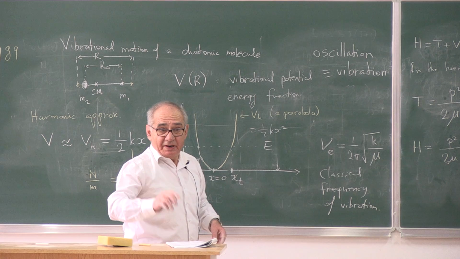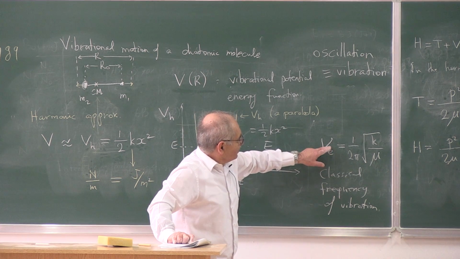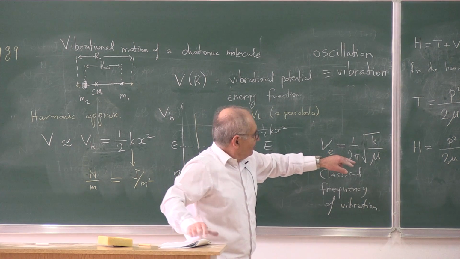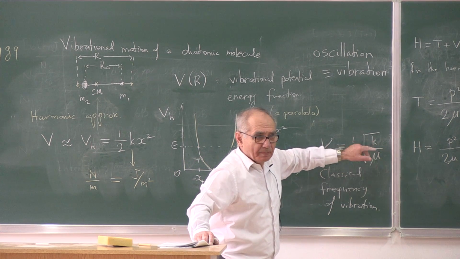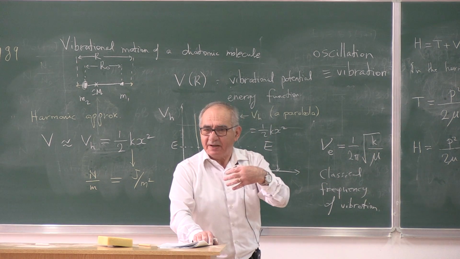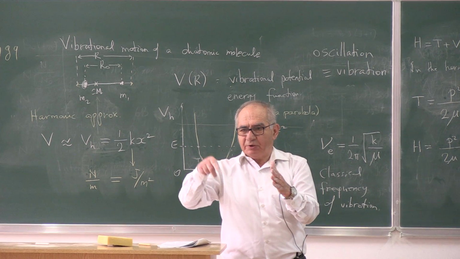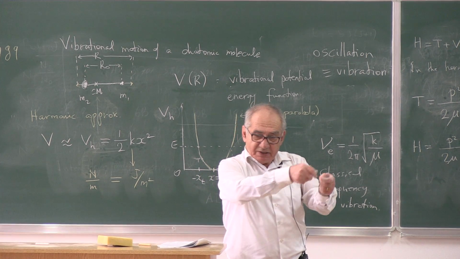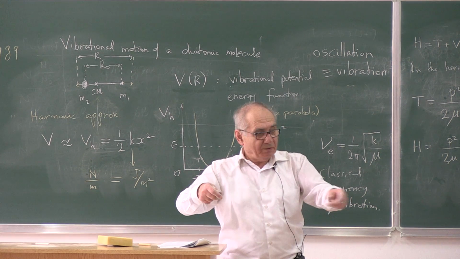It is important here to note that the frequency expression contains k, but k is a given, it is part of our data. For example, if we talk about hydrogen molecule H2, its force constant is given to us. Also, reduced mass.